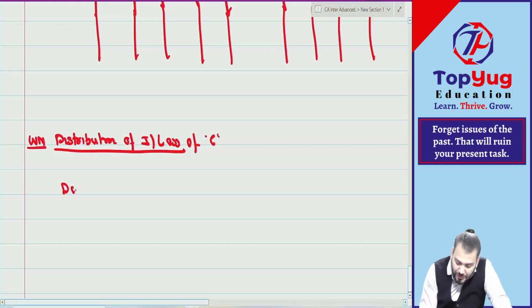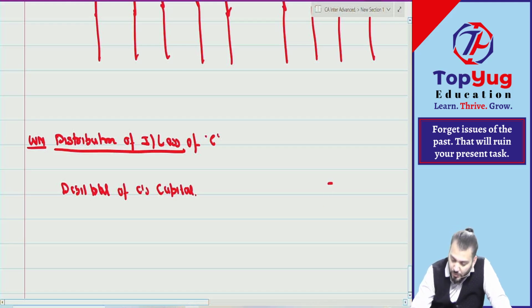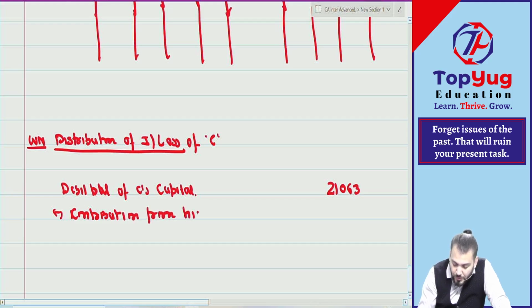So first, can you give me the debit balance of C's capital? How much? 21,063. How much will they contribute from his private asset?